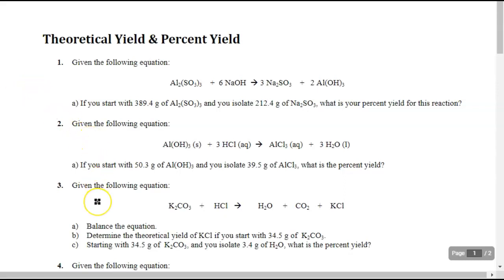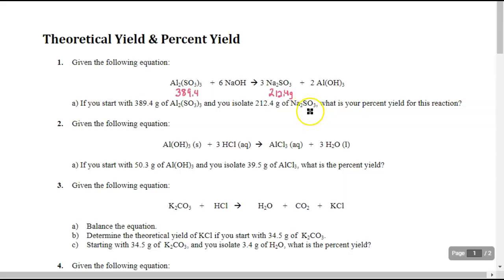They're asking me, if I start with 384 grams of aluminum sulfate, so this stuff here, and I isolate, meaning I've acquired after my reaction, 212 grams of sodium sulfate, what's my percent yield? So in other words, I should expect a certain amount when I do the lab. I actually got 212.4, which is my actual yield.